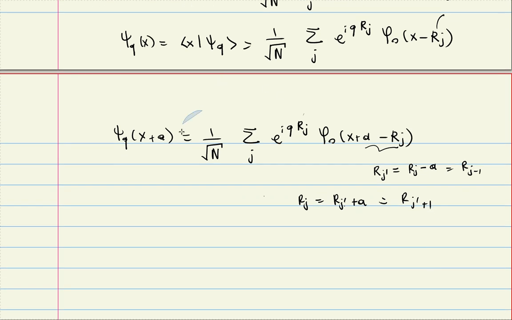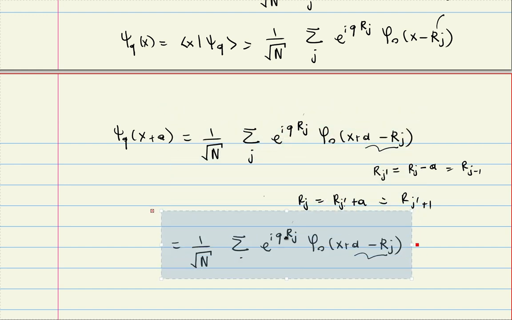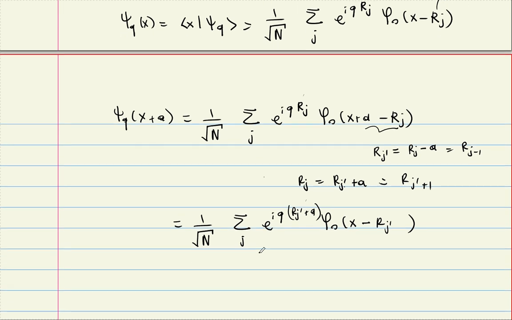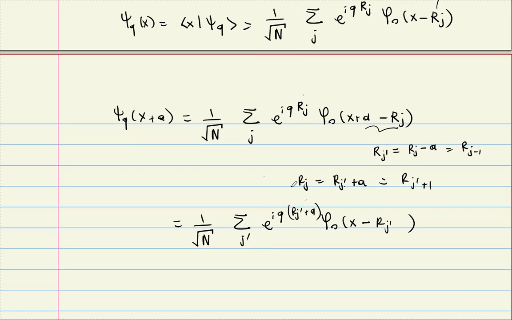Now I can rewrite this sum. This is r_j prime plus a, and this one is minus r_j prime, and the summation label, exactly like when we change integration variables, we change the summation variables, and it is j prime.